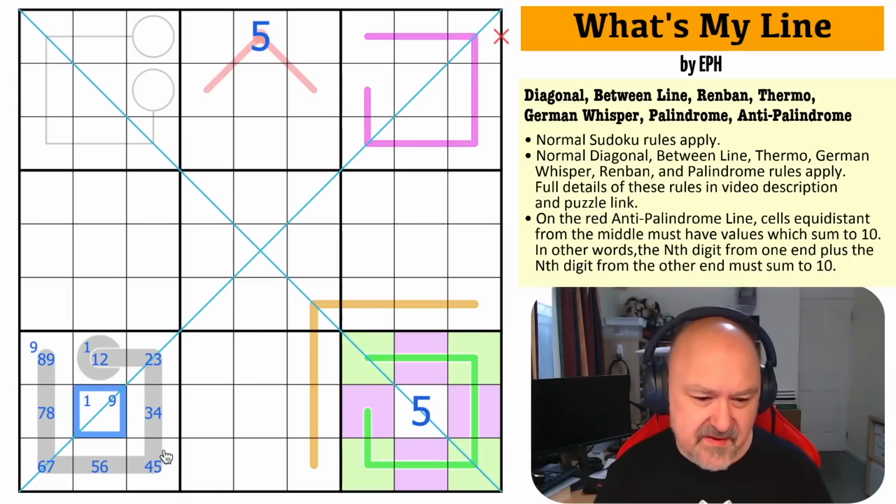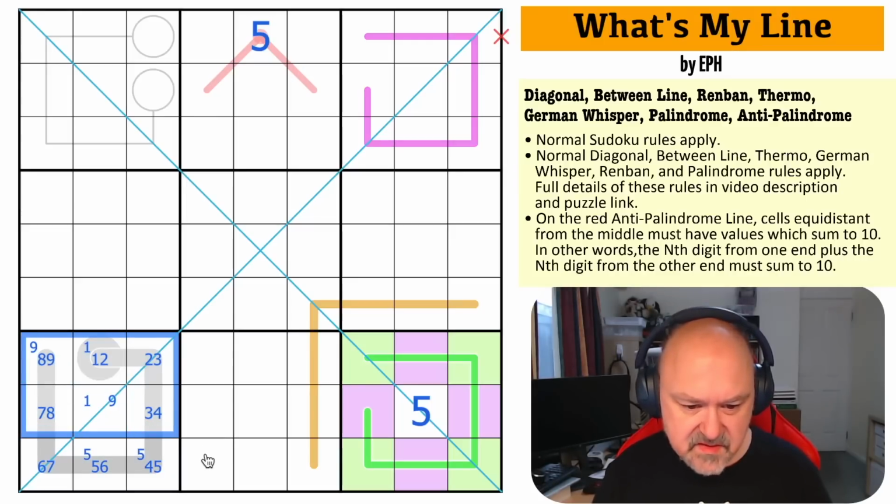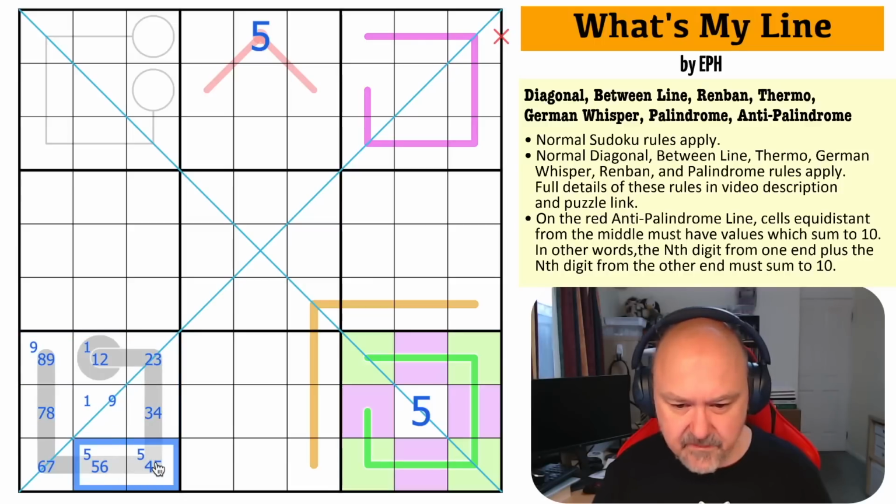But I think this can be almost anything because I could have like 1, 2, 4, 5, 6, 7, 8, 9, and then put the 3 there, for example. The only thing this can't be is the 5. So I do know 5 is down here because I can't put 5 here and I can't put 5 in any of those cells. So the 5 is down here.